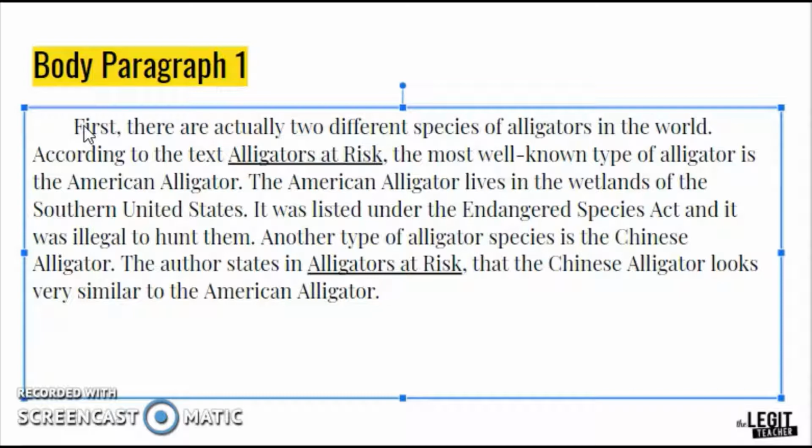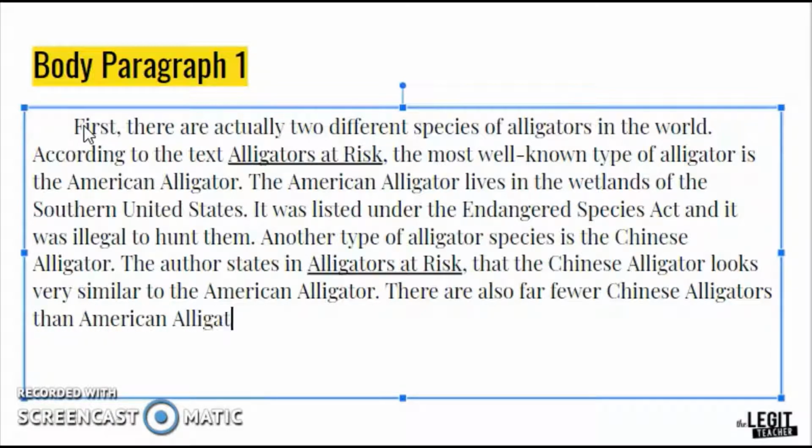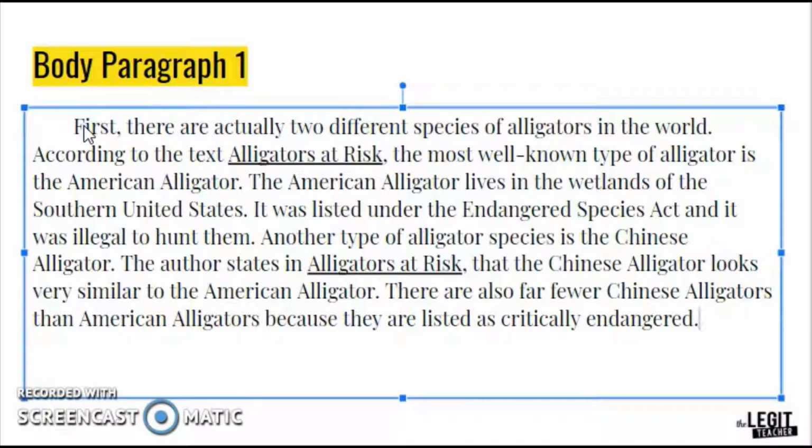Now I need to teach my reader one more thing. So the second thing that I taught my reader about the Chinese alligator is that there are also far fewer Chinese alligators than American alligators because they are listed as critically endangered.